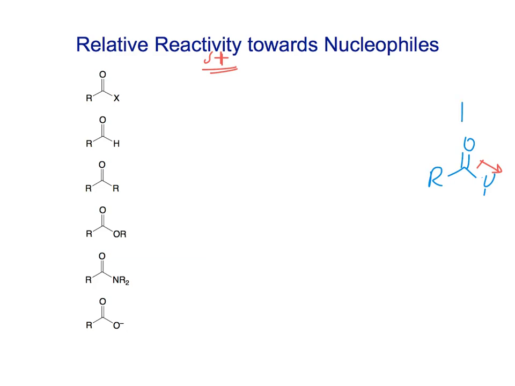I'm going to draw the resonance that I showed you before, where we just have the O minus up here and a plus. And if this Y group is trying to pull electron density away from that plus, it's going to increase the reactivity. Okay? So what else could this Y group possibly do other than inductively pull electron density away?